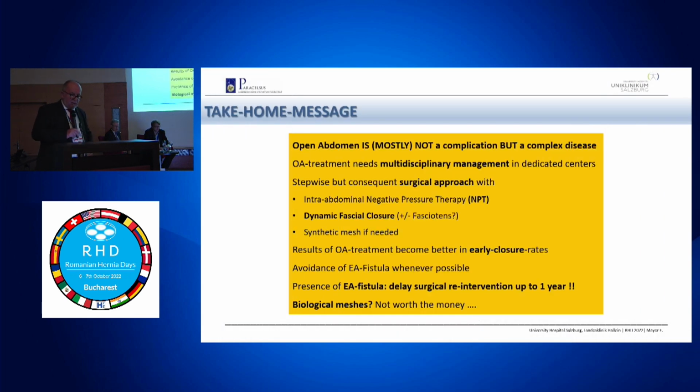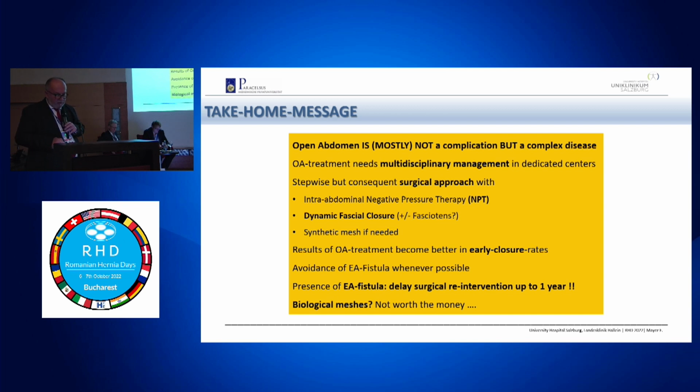Take-home message: open abdomen treatment is mostly not a complication but a complex disease. It needs multidisciplinary management in dedicated centers, a stepwise approach with intra-abdominal negative pressure therapy, dynamic fascial closure, and synthetic mesh in some of the cases, not in all, definitely not in all.